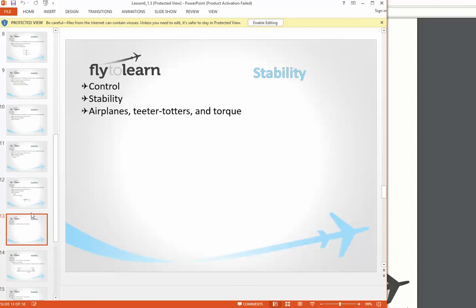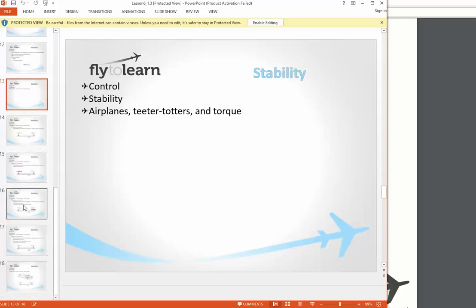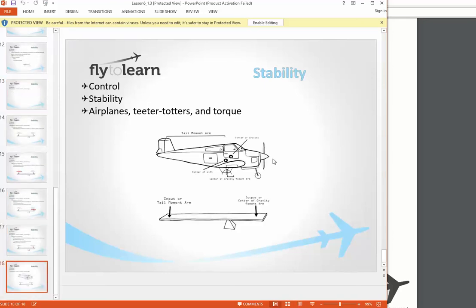So, finally, my last thing I'm going to talk about is an analogy between airplanes, teeter-totters, and torque. Torque is just like a rotation. I'm actually going to skip forward a few slides because I like this slide the best. We're going to compare the movement of an airplane along its wings, so along the pitch, to a seesaw.